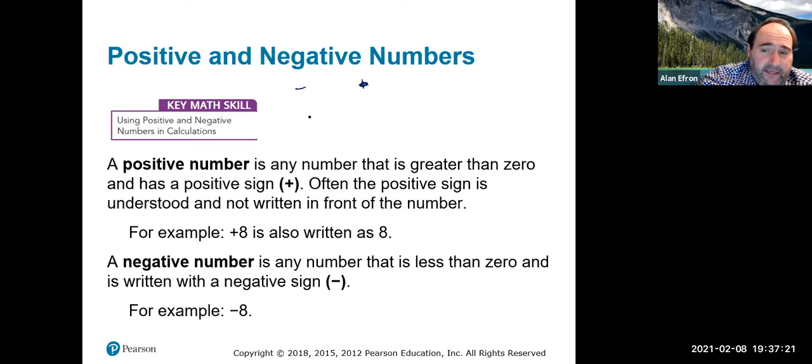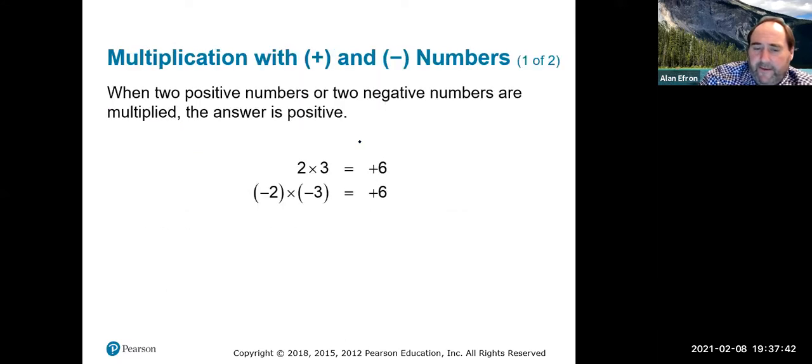In terms of multiplication, just a reminder: if you take a positive and a positive, you get a positive number. Take a negative and a positive number, you get a negative number. Two negative numbers give you a positive number. So when you multiply those things together, remember to keep in mind the sign, because that might make a difference in the math that you do along the way.